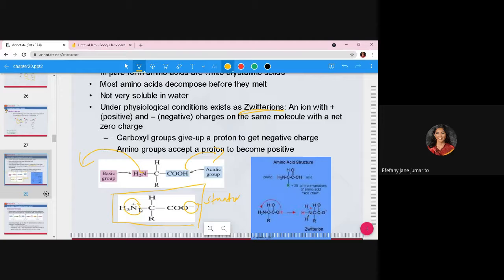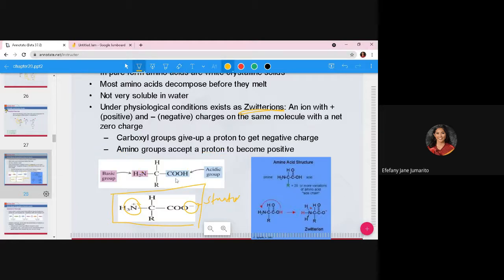Now, if the charges on an amino acid have a net charge of 0, then it is in zwitterion form. So this is the structure. The carboxyl group gives up a proton to get negative.